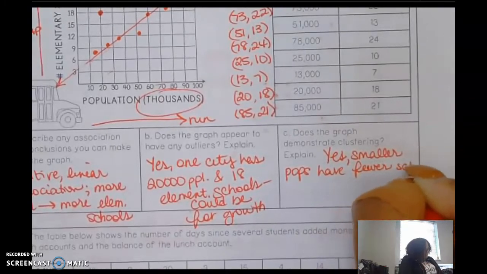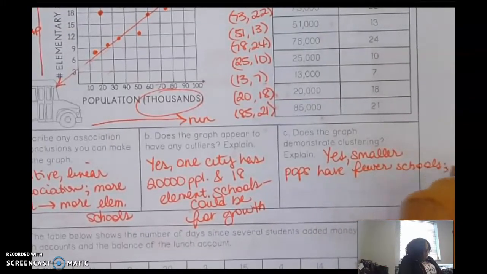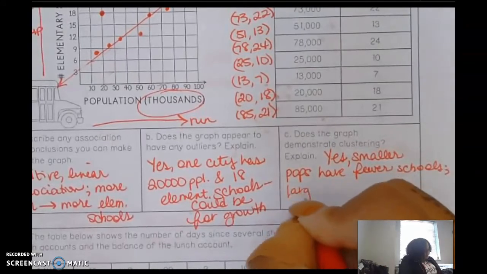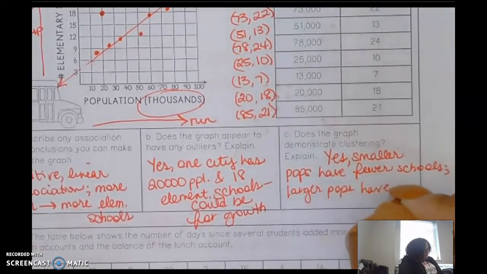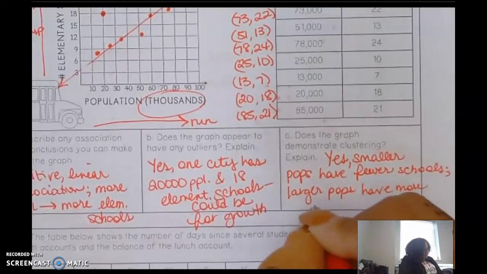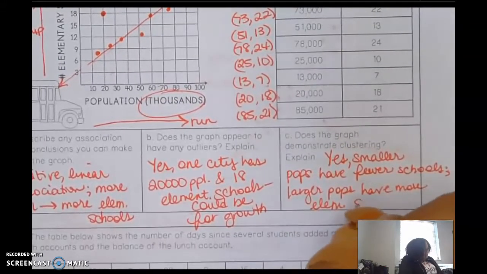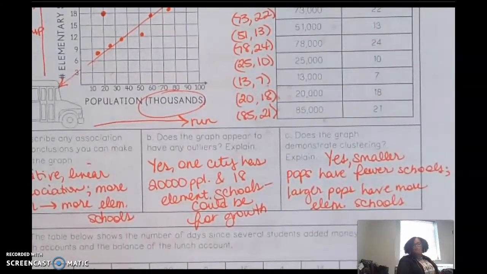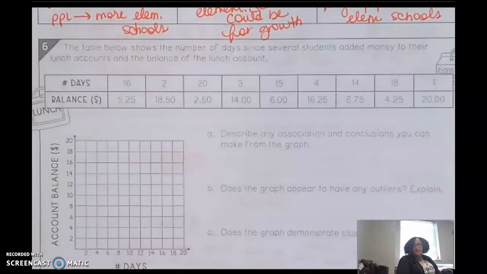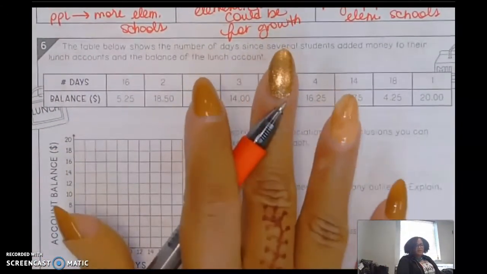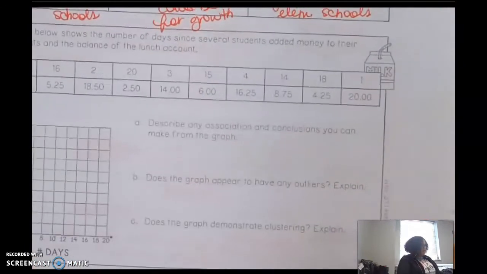Larger populations have more elementary schools. Okay? All right. Then we've got another one down here to make. I'm going to leave this one for you to do in class. I want to get started on showing you how to do your homework.